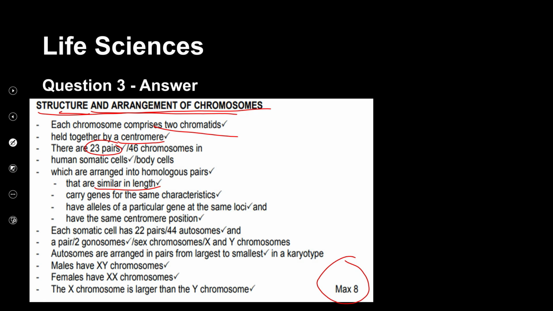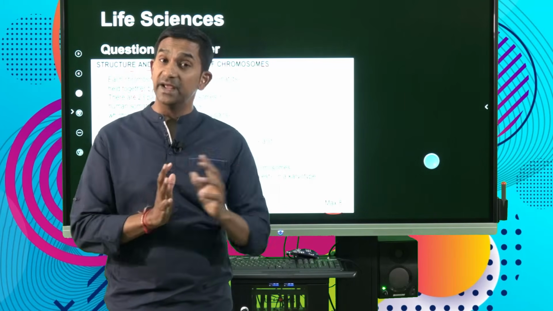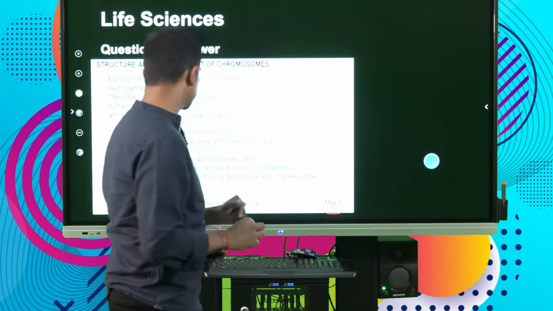They are similar in length, they have genes at the same location, meaning they code for the same characteristics, and these have alleles at a particular location, which we refer to as gene loci, and they have the same centromere position. If we go back to our karyotypes, one would recognize that it's the position of the centromere that defines the shape of these chromosomes. And that is what geneticists will use when arranging chromosomes in a karyotype.